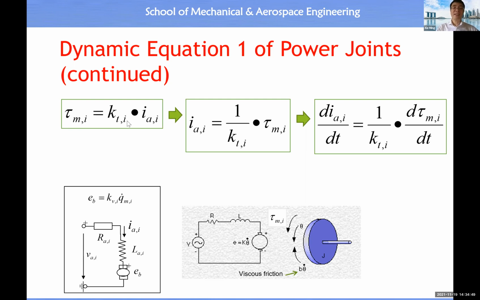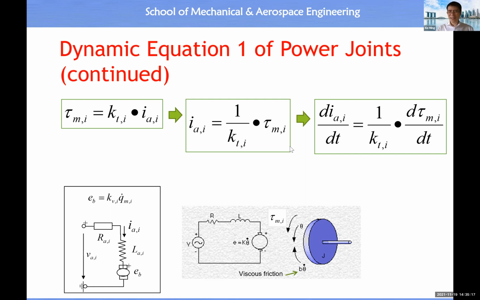Here we call it the motor constant. From this, we know the relationship between I and tau, and between the first derivatives of I and tau. This is the input to the motor, and this is the output from the motor. We call this dynamic equation 1.